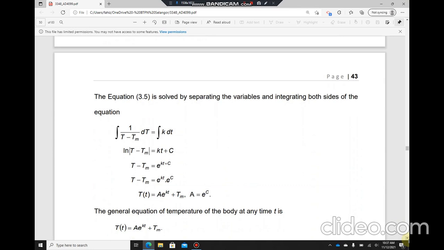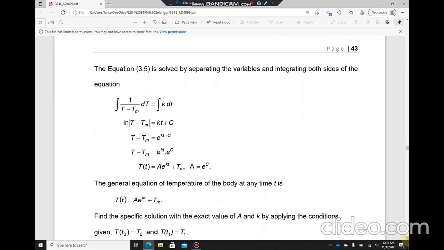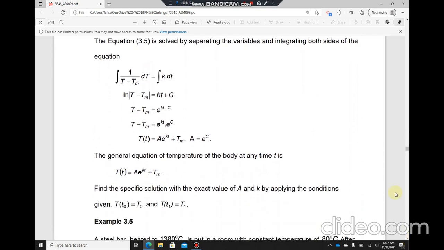Okay, the equation 3.5 is solved by separating the variables and integrating both sides of the equation. Okay, yang ni pun step dia sama dengan population growth and radioactive decay. Okay, so if you can see here, I rewrite the equation dT/dt = k(T - Tm).